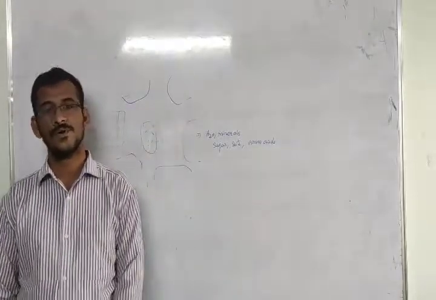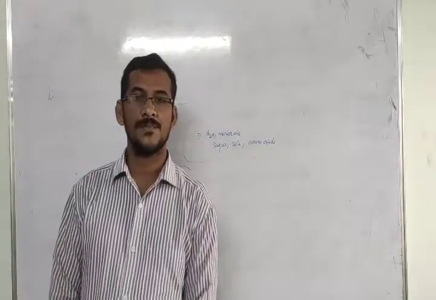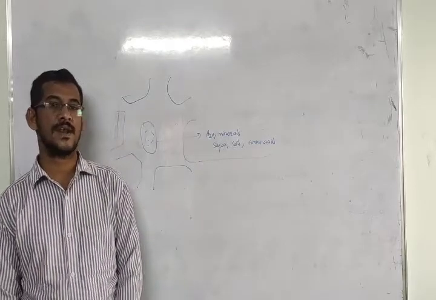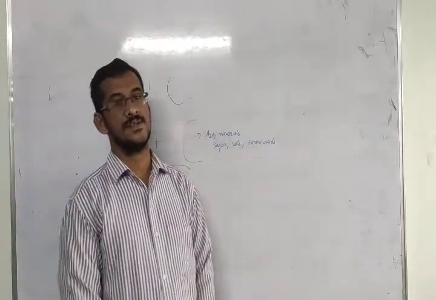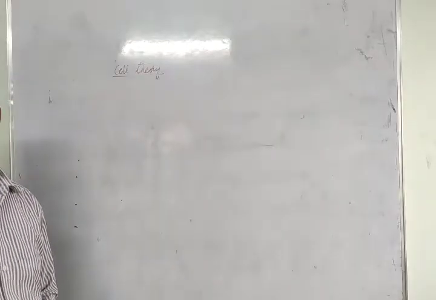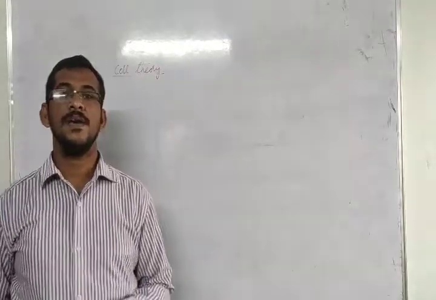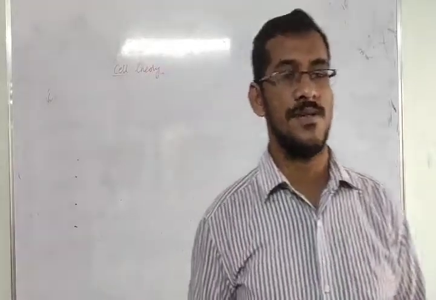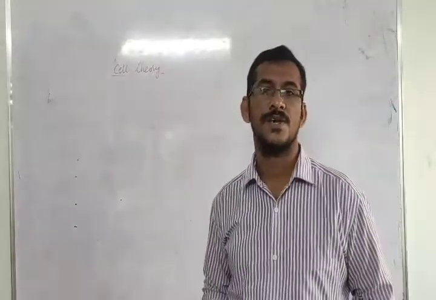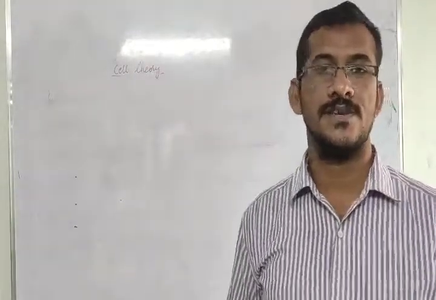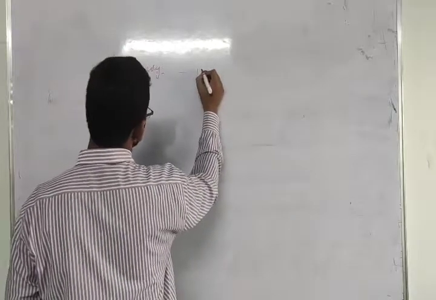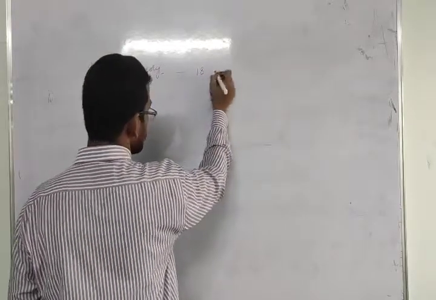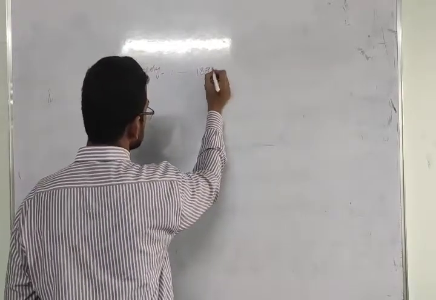Next, very important question. Who and when proposed cell theory, and what are the features of cell theory? Cell theory was proposed by scientists called Schleiden and Schwann. These are the 2 scientists who proposed cell theory. So cell theory was proposed by Schleiden and Schwann in 1838.